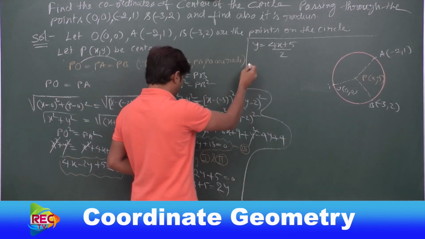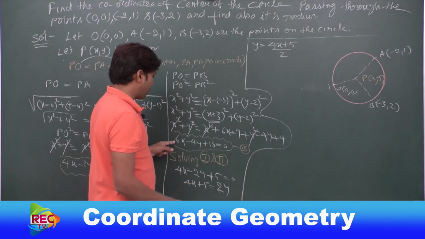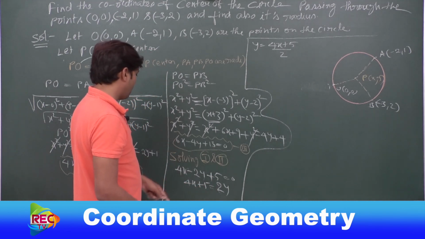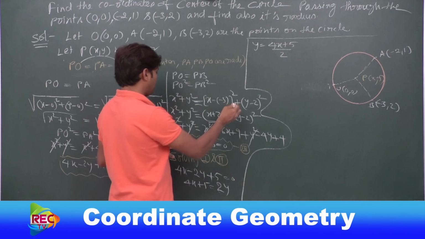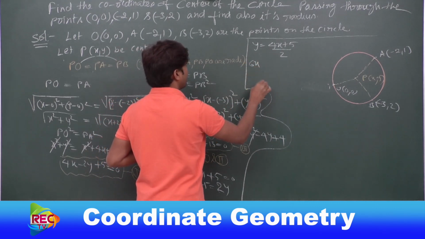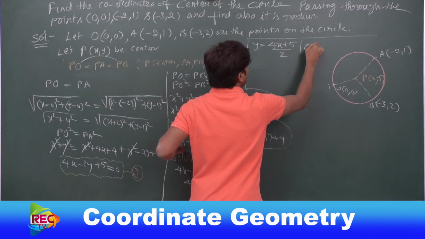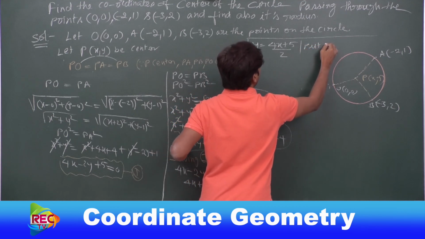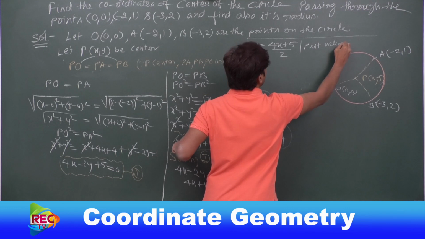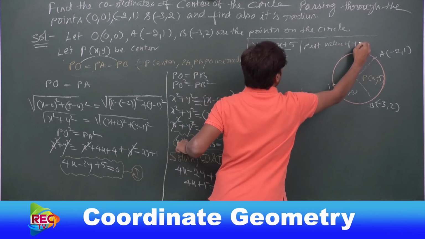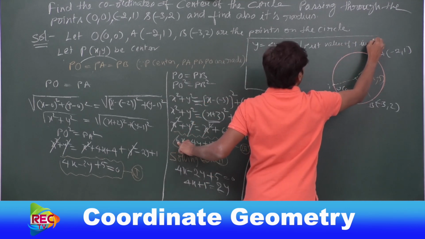In equation 2, if you substitute this, what do we get here? So this would be 6x. I am writing here, put the value of y in equation 2.